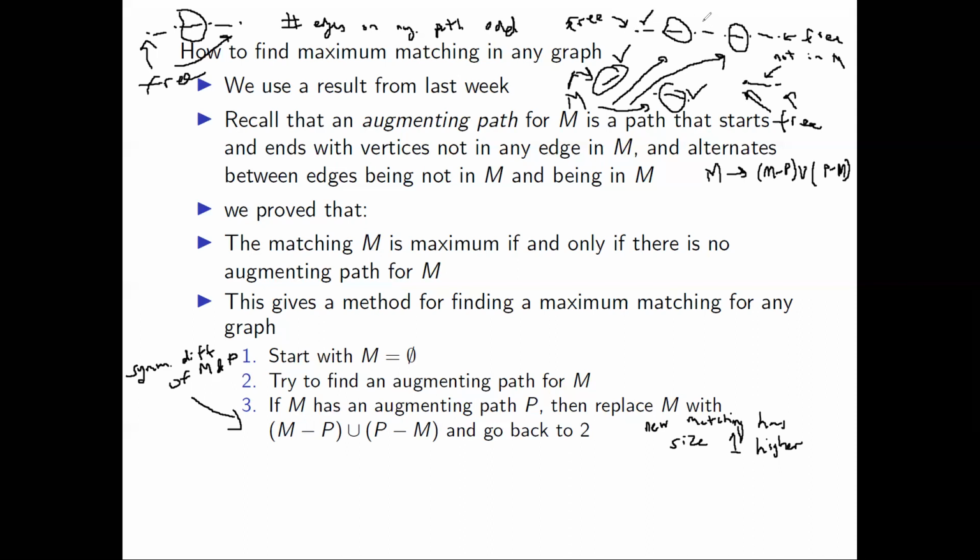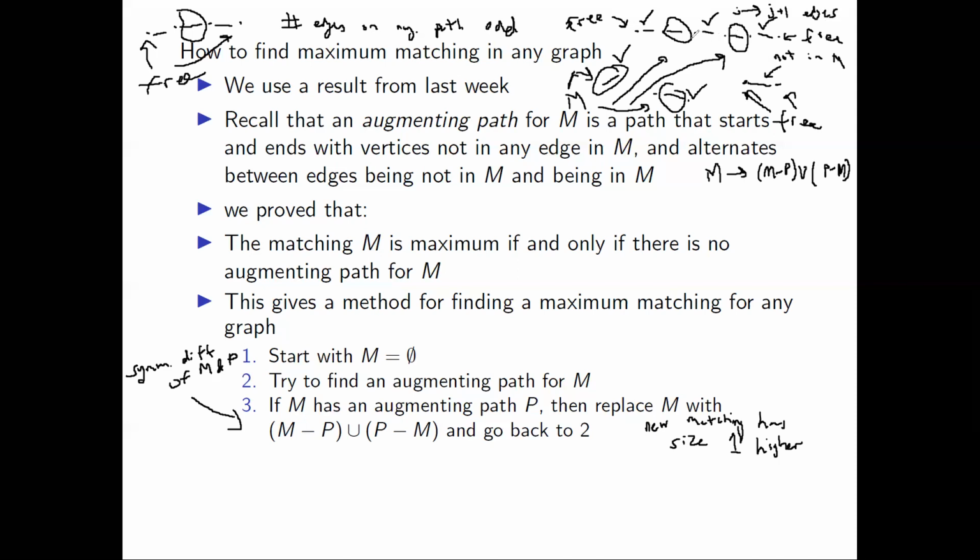So we're going to be taking these edges, and we're going to end up with exactly one more edge in the new matching than we did in the old matching. And that's because we replaced some number J of edges on this augmenting path with J plus 1 edges on that augmenting path.